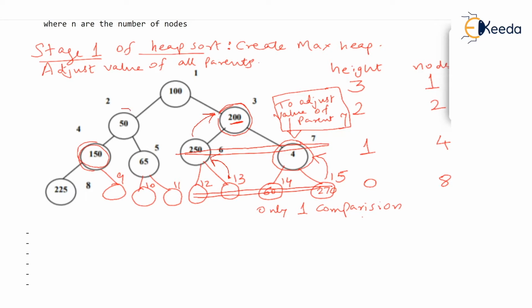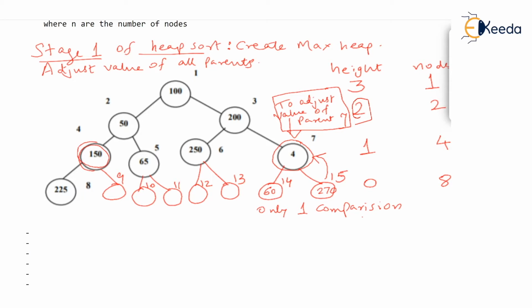Similarly, for this second node 50, we want it to be larger than all its children, then maximum two comparisons will be done. What I mean to say is that at height equal to 2, there are two nodes located, isn't it?